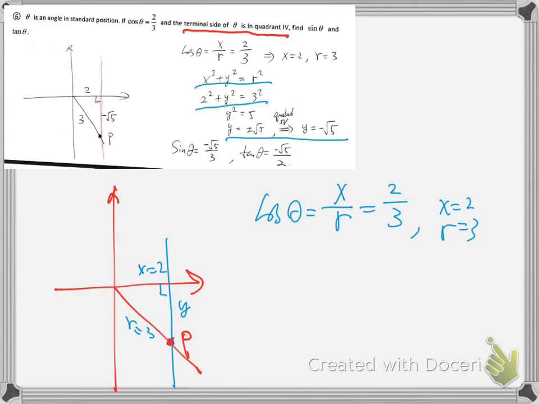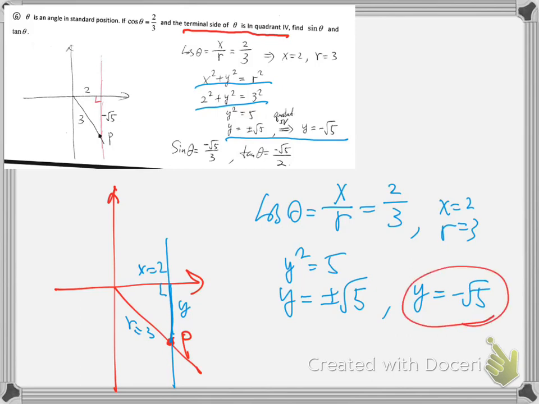When you take the square root, y squared is 5, so y is positive or negative radical 5. How can you decide whether y is positive or negative radical 5? You have to use the picture. Based on the picture, this is in the 4th quadrant, so y is negative. That's why we choose y is negative radical 5. So you have to use this right triangle to get y negative, not positive.